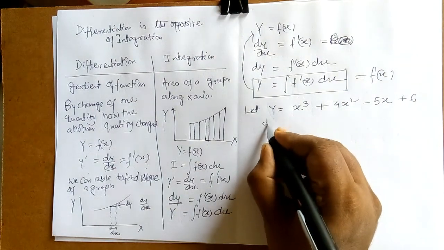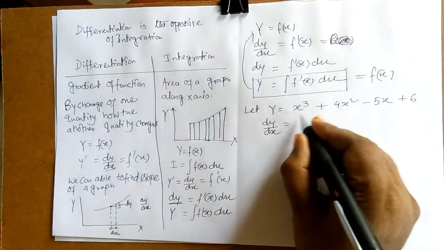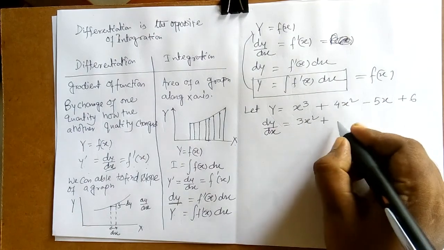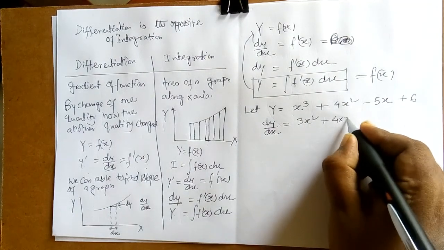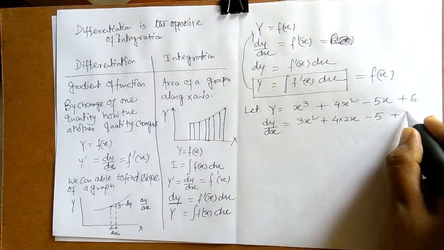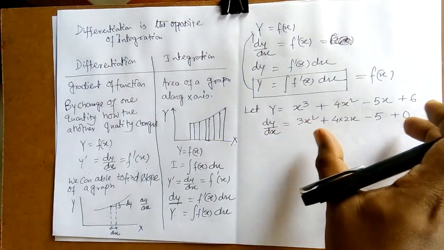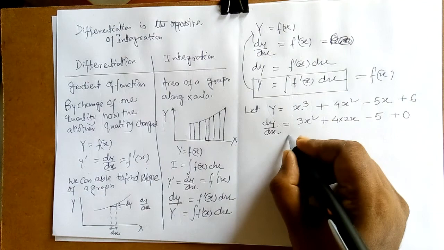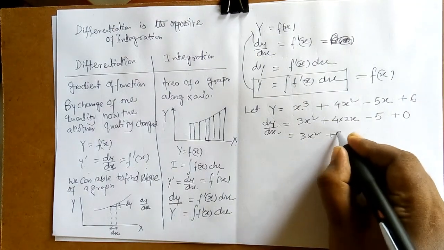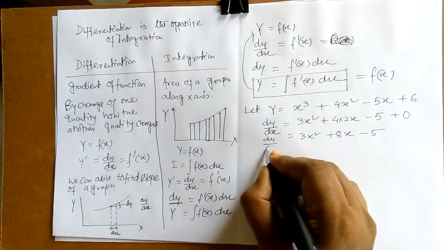Now if we want to differentiate it, dy by dx: x cube gives 3x square, 4x square gives 4 into 2x, minus 5 plus 0. I am just skipping one step and writing directly. So it is 3x square plus 8x minus 5, and that is your dy by dx.